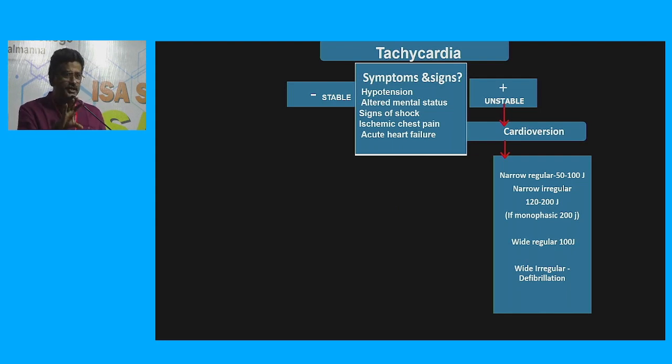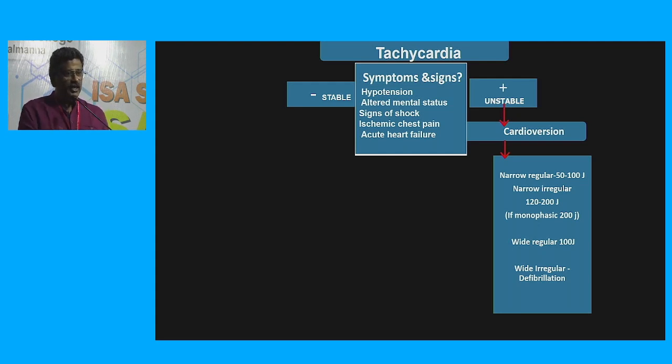Those 5 points are there: hypotension, altered mental status, signs of shock, ischemic chest pain, or acute heart failure. If these symptoms are there, you will directly go for cardioversion. If none of the symptoms are there, then you go for medical treatment.